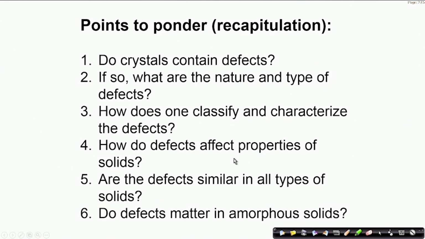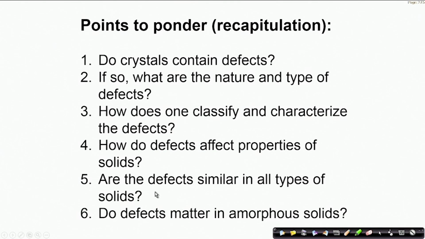What is even more important is how these defects affect the properties of solids. And these properties, by that I mean both structural as well as functional properties. For example, having point defects can make a lot of difference in terms of conductivity or band gap of a crystal. Having line defects can make a lot of difference in terms of ductility or strength of a material.